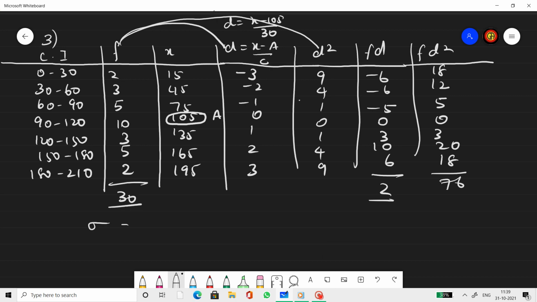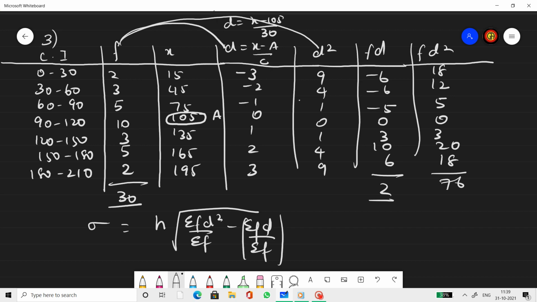So sigma equals h or c into root over sigma fd square by sigma f minus sigma fd by sigma f, the whole square. So h is the class size, which we took as c in the previous class, but both are the same. So 30 into root over 76 by 30 minus 2 by 30, the whole square.